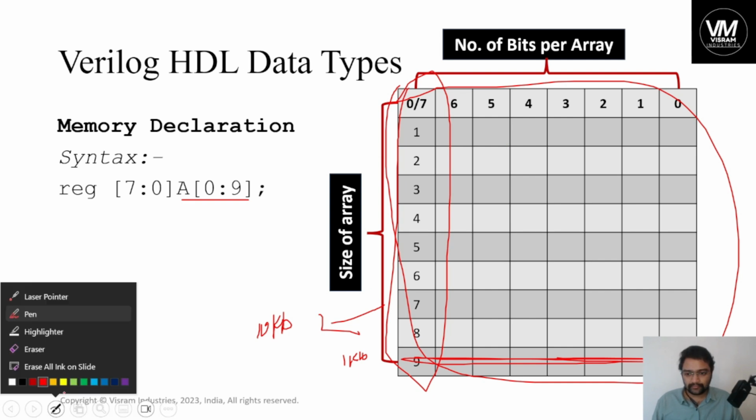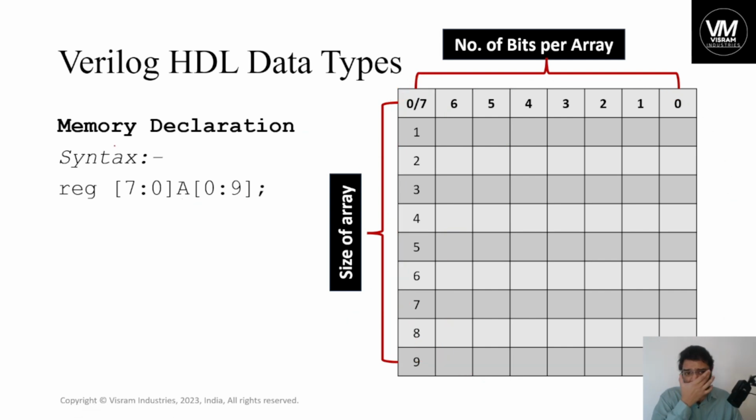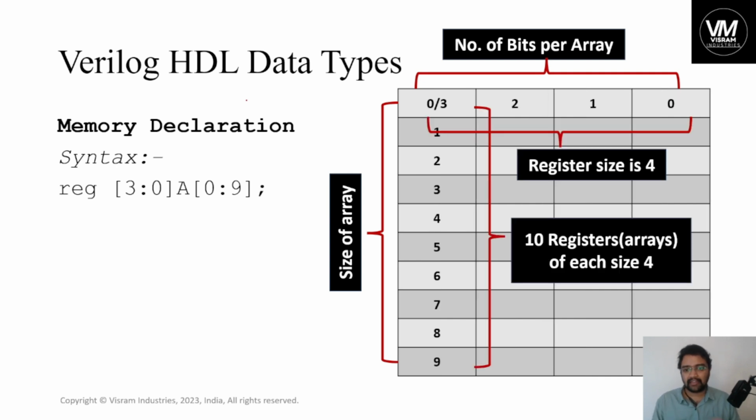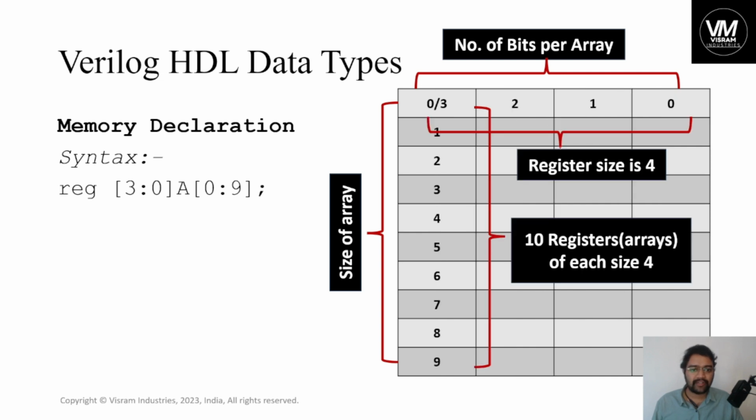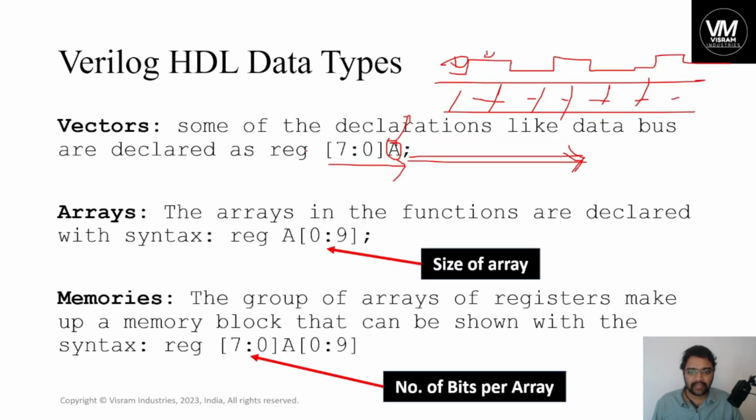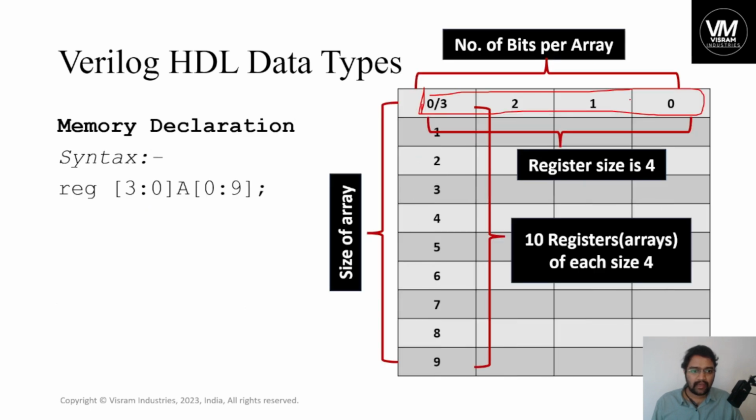So in this way you can mention a memory declaration, and I have mentioned an 8 bit memory, and I can also show 4 bit. Here the register size, this entire array can be a register. That's what we are declaring, a register array.